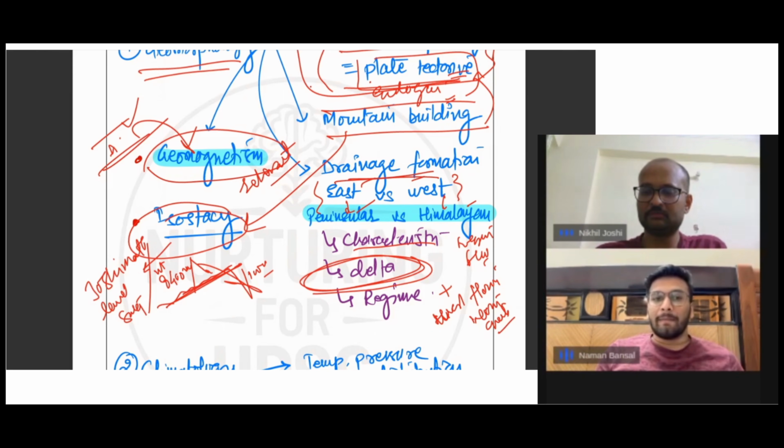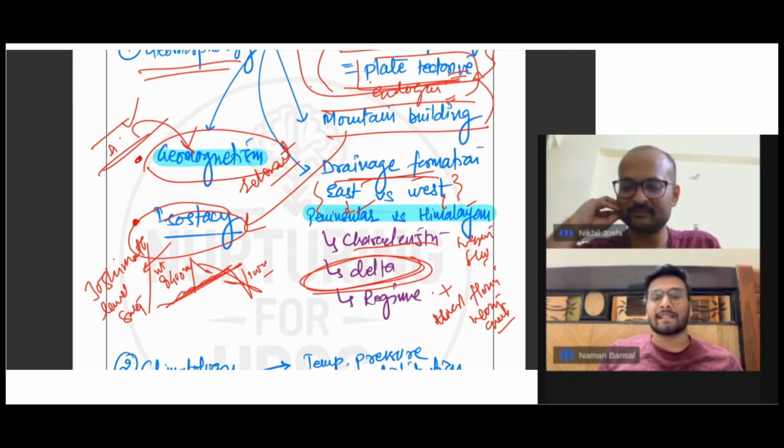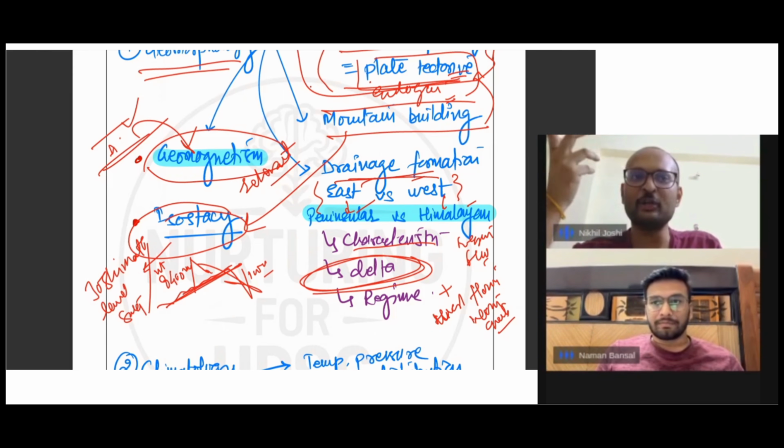When you are writing a news-derived question, throw in some jargon, one or two liners of theory, or when you are writing a theory question, throw in one or two liners of news. Then it becomes very organic, showing that you are thorough with the subject and have a clear understanding of what is happening in the news. Yes, of course. It shows that you are versatile.